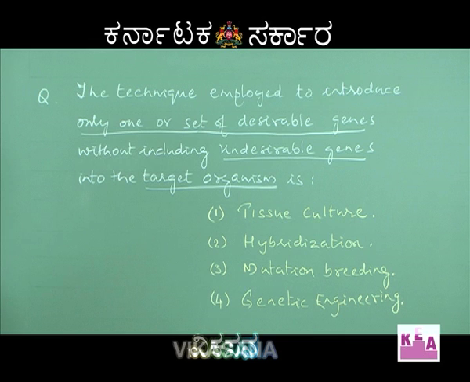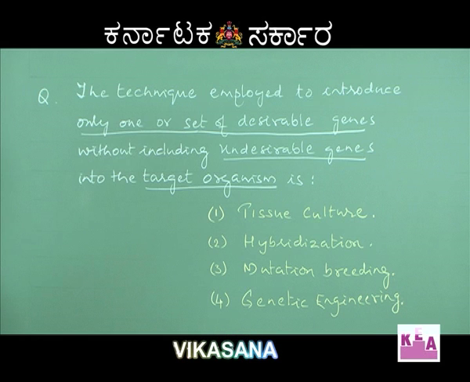Now, let us move to the next question. The technique employed to introduce only one or a set of desirable genes without including undesirable genes into the target organism is, the options are: tissue culture, option 2 hybridization, option 3 mutation breeding, option 4 genetic engineering.